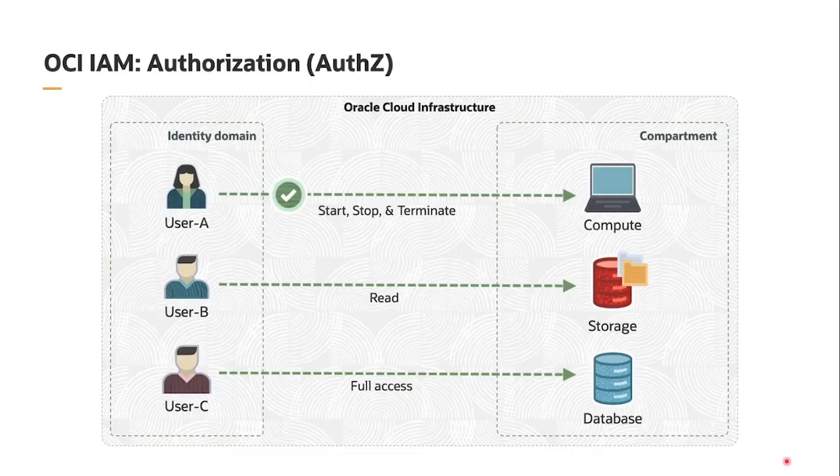And now if user B tries to delete the storage bucket, the authorization process will deny the action because the user does not have the necessary permissions. So now you must have got it. In OCI IAM, we use policies that define the permissions granted to users, groups, or other entities. And these policies are defined using a simple syntax that we will see in the subsequent lessons.